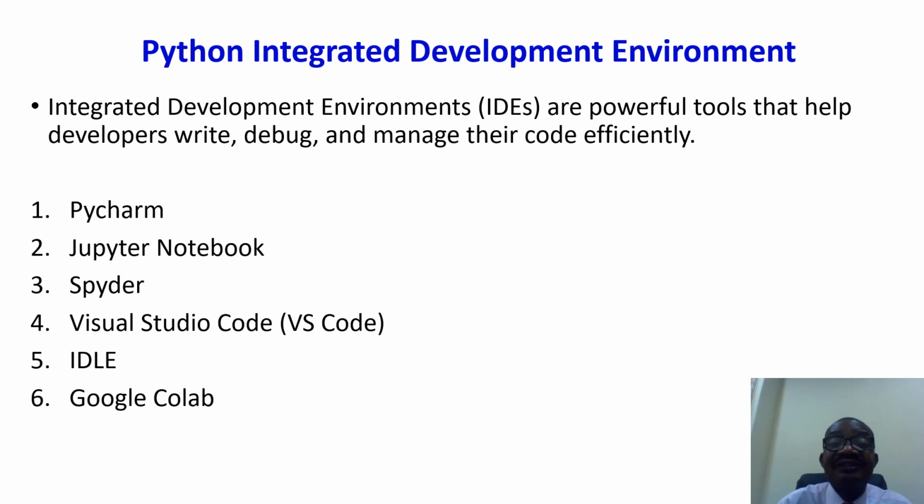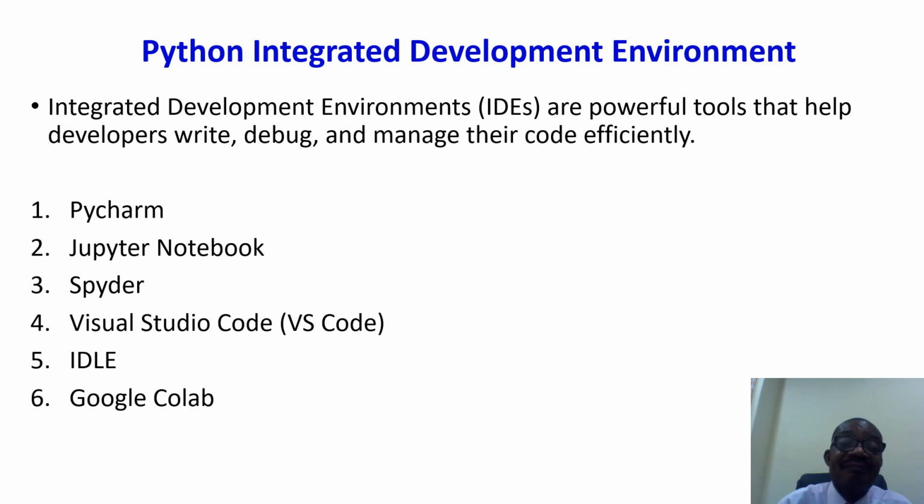Now let's talk about the Python integrated development environment. Integrated development environments are powerful tools that help developers write their programs in the Python programming language. They make it easier for the programmer to write those programs.